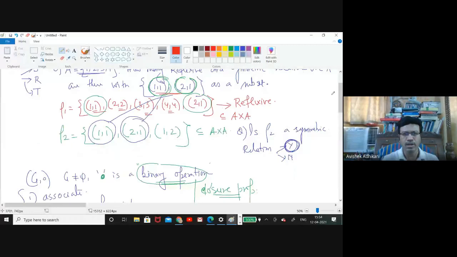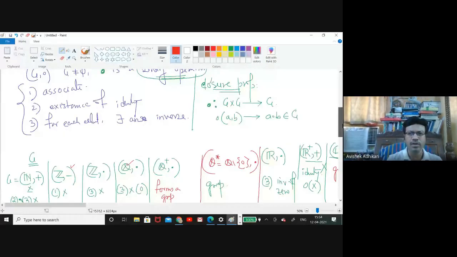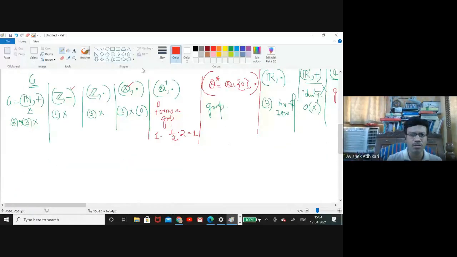Now, there is one important term in group theory that we are going to define here: the order of a group. What do you mean by the order of a group? Can anybody tell me? The elements present in a group.